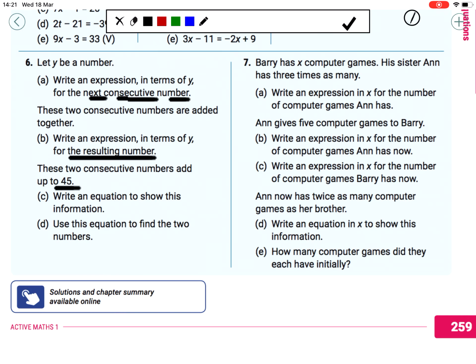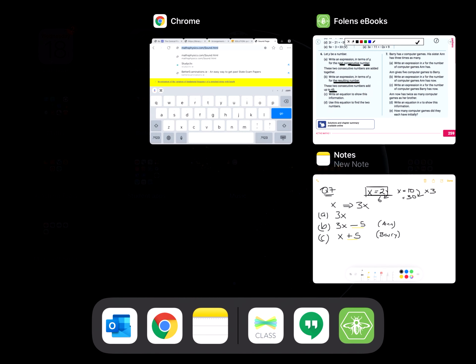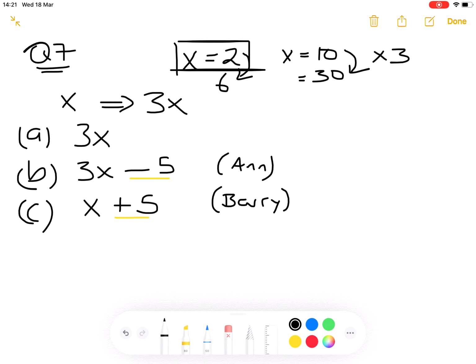Finally, last 2 parts then, it says Anne now has twice as many computer games as her brother. Write an equation in X to show this info, and how many computer games did each have initially. So I now know that the value that we've got for Anne's games is twice as much as Barry's. Okay, so from that, and now this is the tricky part, but hopefully it makes sense now. Anne has that many games.